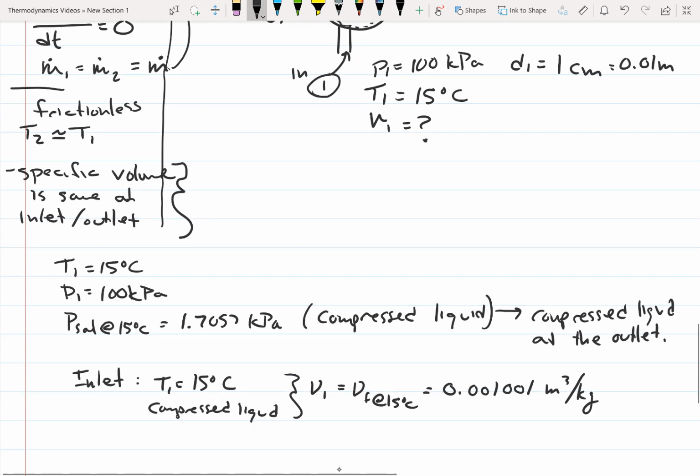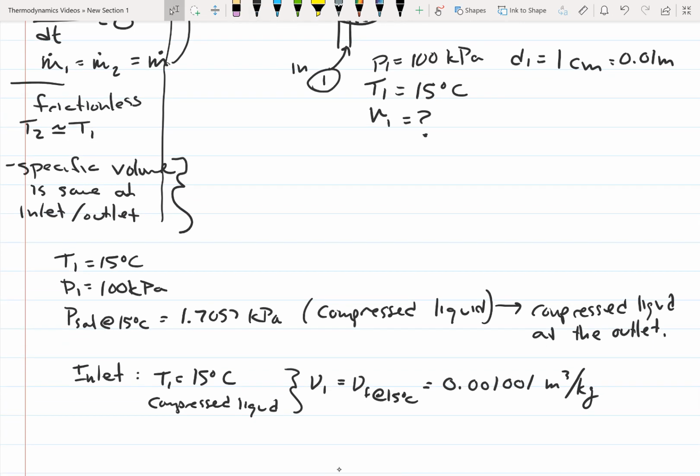Now, if we look at the outlet, we basically have the same condition with this assumption, because since we've assumed that the temperature is the same, T2 is 15 degrees Celsius, it's going to be a compressed liquid.